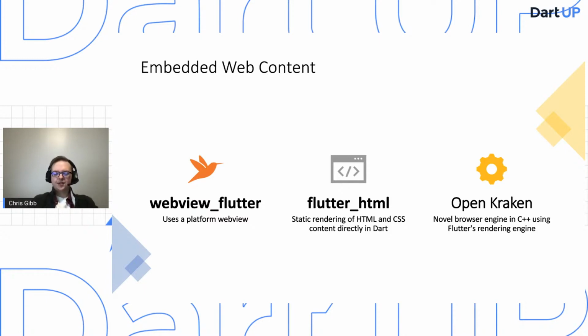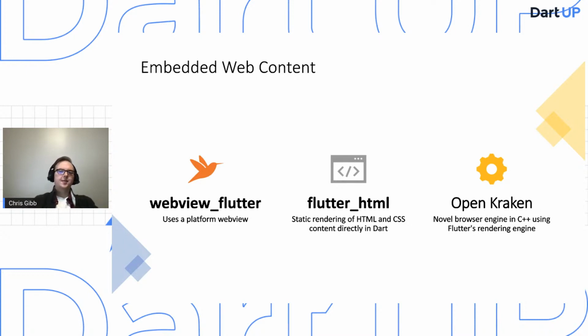OpenKraken is an ambitious open source project. It's backed by Alibaba, apparently already being used in production by some of Alibaba's subsidiaries like Taobao, Youku, and Tmall. OpenKraken builds up a novel browser engine on top of the Flutter engine's Skia graphics implementation, all implemented in C++.